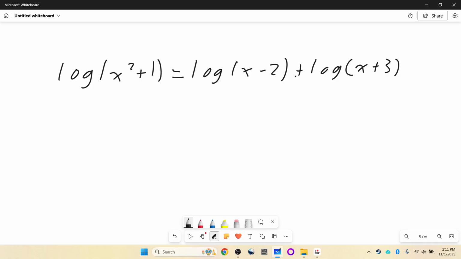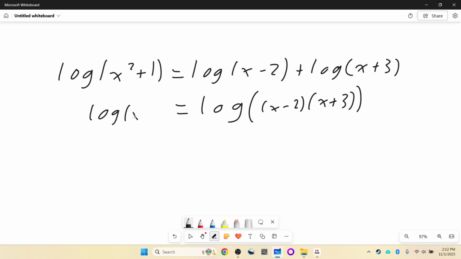So, the right side has two logs added. We said when we want to combine two logs together, the operation gets more complicated, so this becomes log of x minus 2 times x plus 3. And the left side is still log of x squared plus 1. And that means they're just equal.